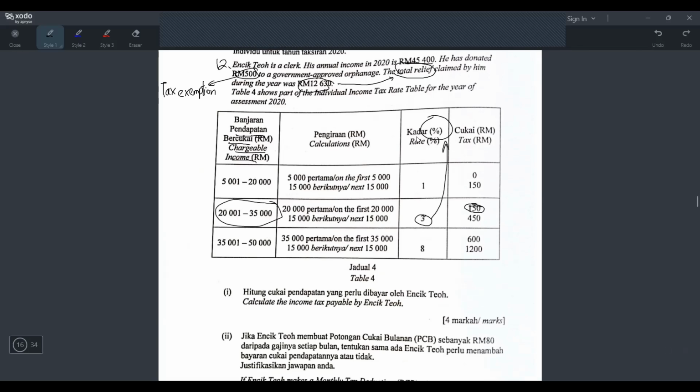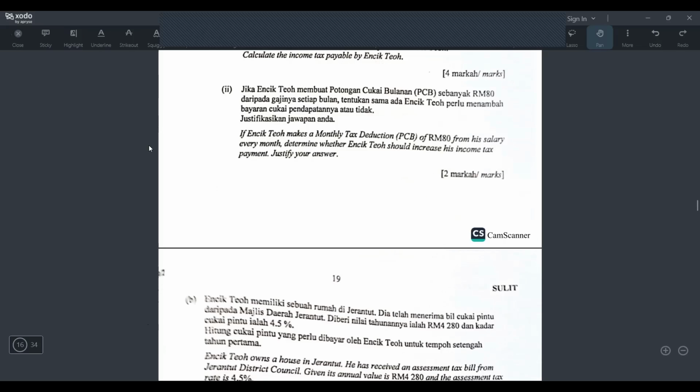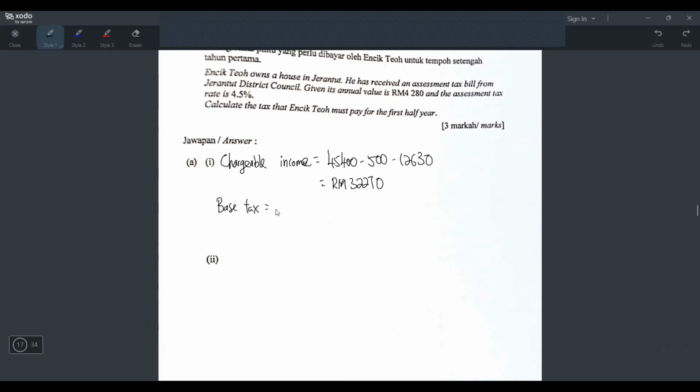This is the percentage. But we also have to focus on this word, 20,000 pertama. It means we only focus on this value and this. The rest we don't care. So the 150, that is your cukai dasar, that is your base tax. So the base tax is 150.